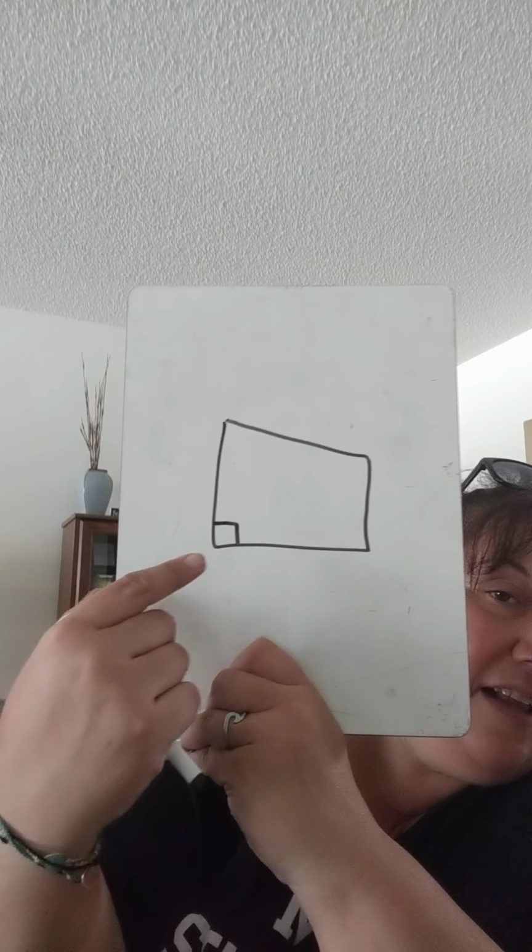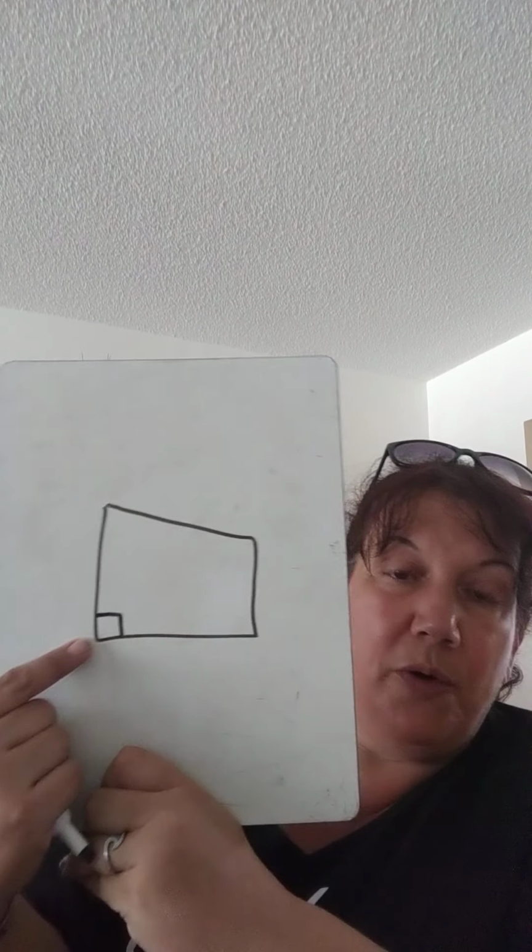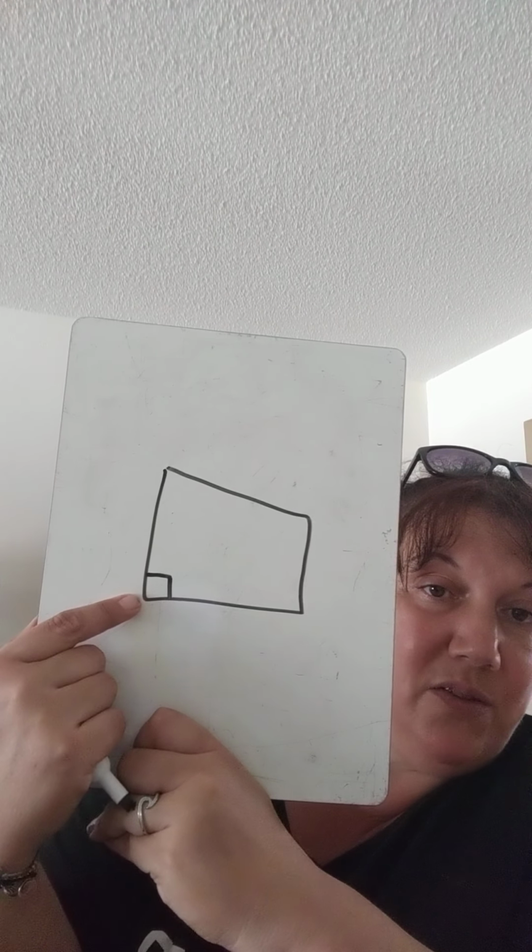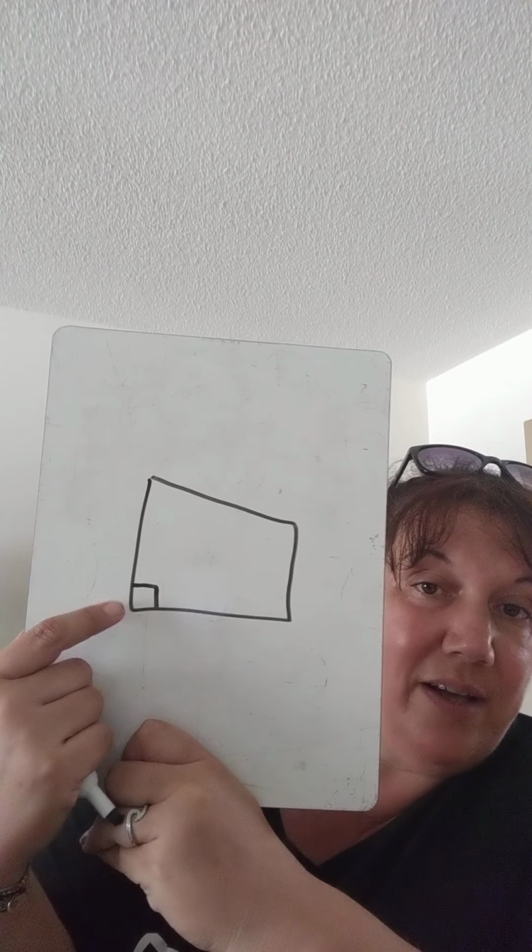One, sometimes your book cheats and they mark the angle with a little square. If you have a shape marked with that square, that's a dead giveaway that it is a right angle, and right angles are 90 degrees.